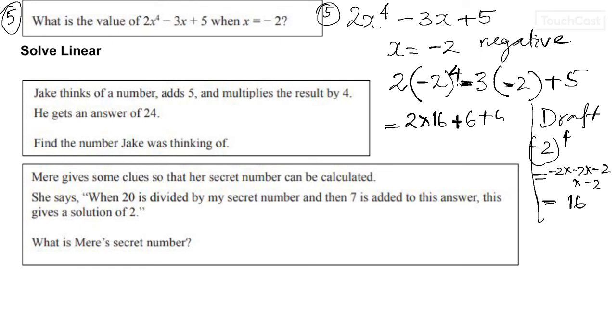That gives 32 plus 6 plus 5. So 32 plus 11, that is 43. 43 is the answer.